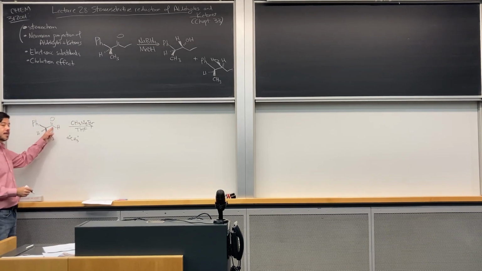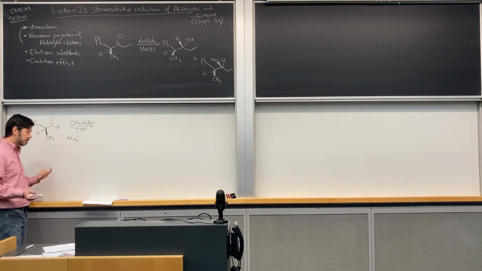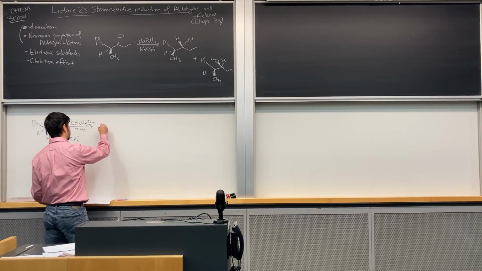So this can attack here, and you can imagine it could attack from this side or from the board. So you're going to generate two different stereoisomers depending on which side it attacks on. So after workup and after the O- picks up a proton, you're going to generate a couple different isomers. So let's take a look at what those look like.